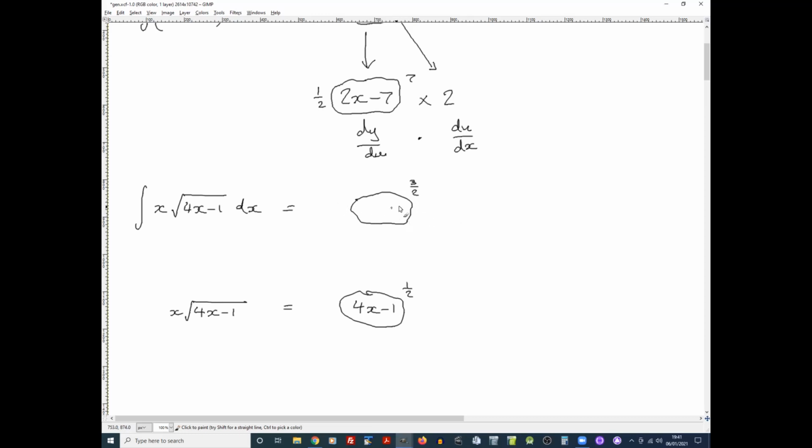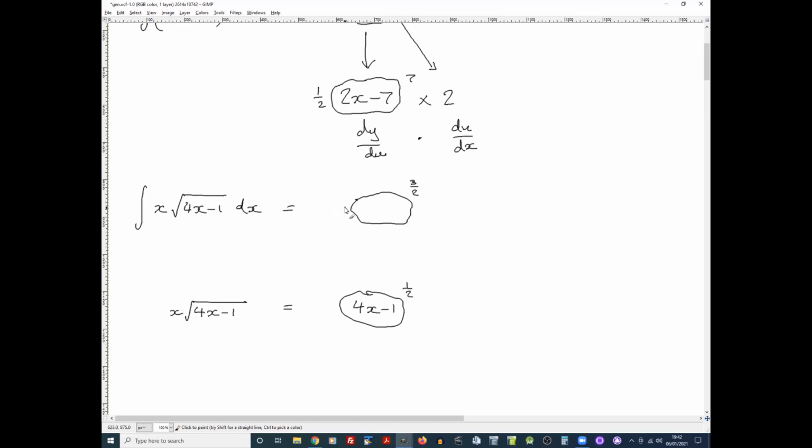Well, it depends what else is going on. Anything to the power of a half integrates, with respect to that thing, to how many of that thing to the power of 3 halves? What coefficient do we want here?